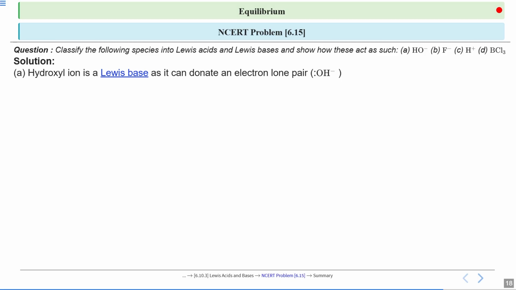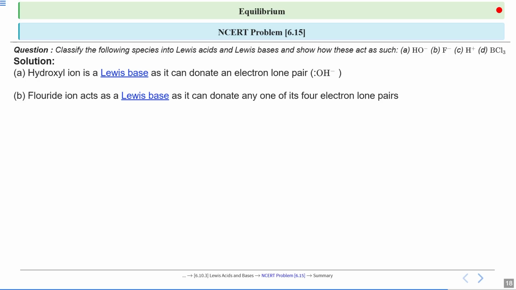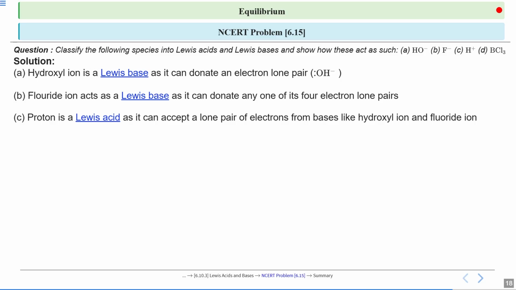If it has a negative charge, it has excess electrons, like in the case of OH minus, so it will donate electrons and hence act as a Lewis base. Similarly, the fluoride ion also has excess electrons, represented by the negative charge, so it will again donate electrons and act as a Lewis base. But H plus will act as an acid because it has a positive charge and a tendency to accept electrons because of the electron deficiency.